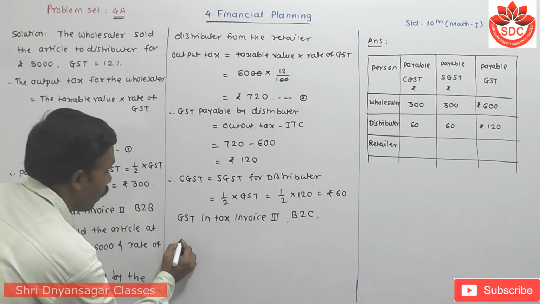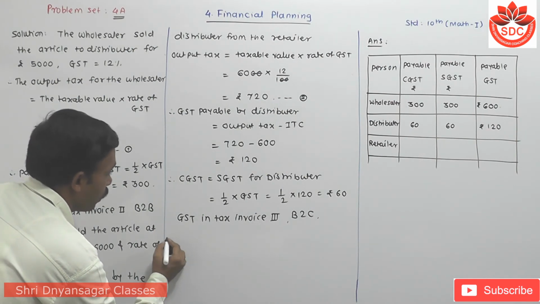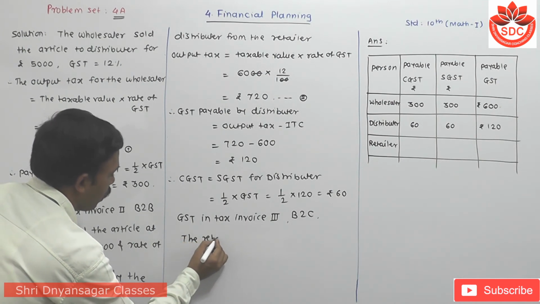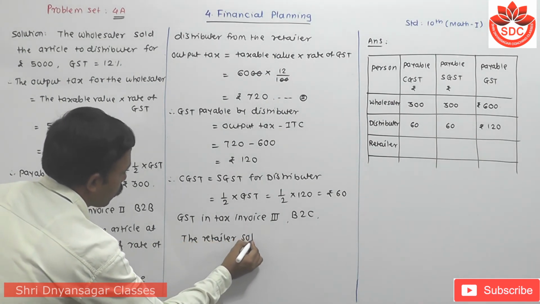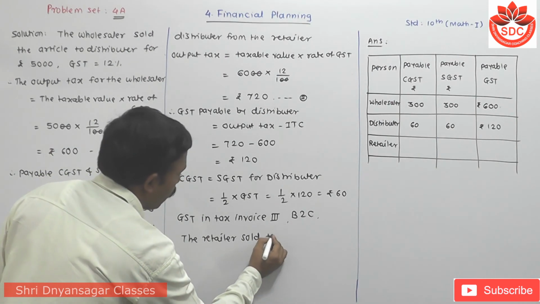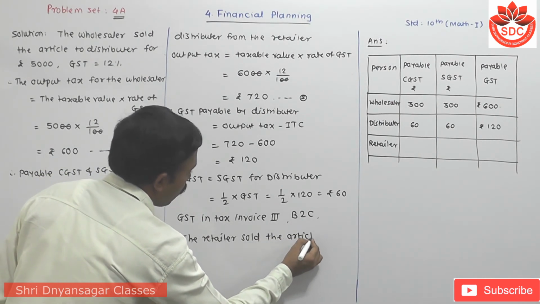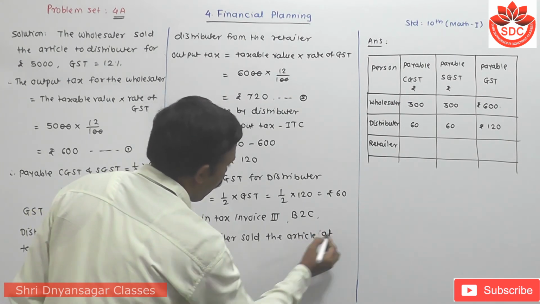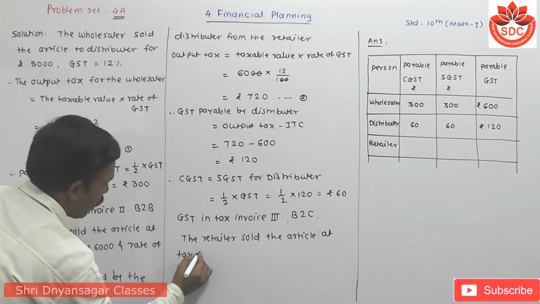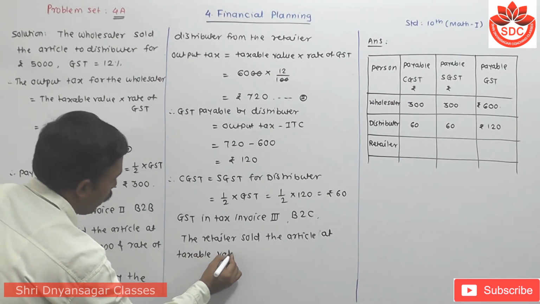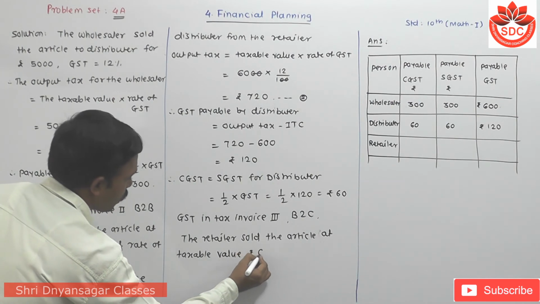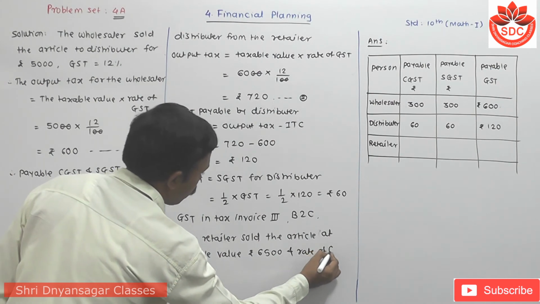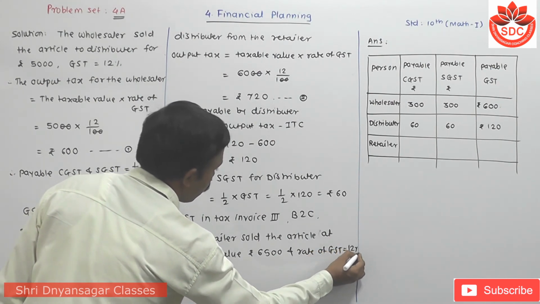First write here: the retailer sold the article at taxable value rupees 6,500, and the rate of GST is 12%.